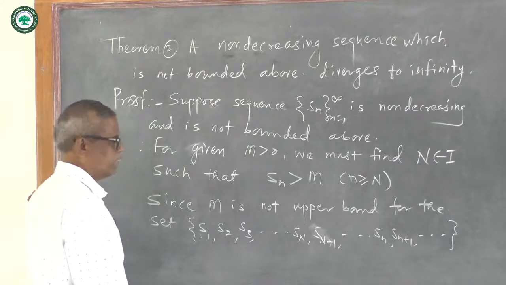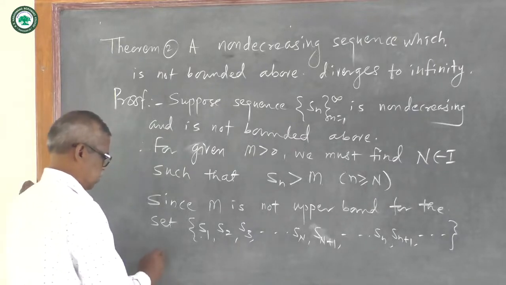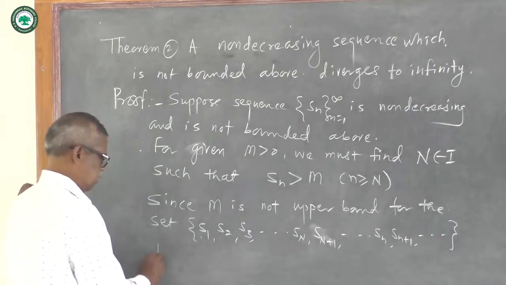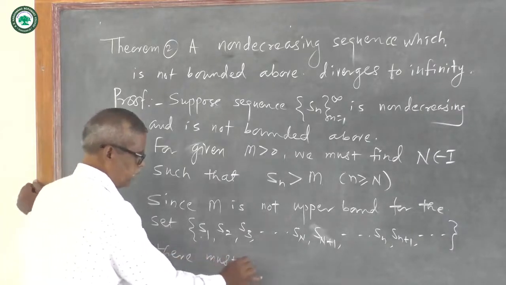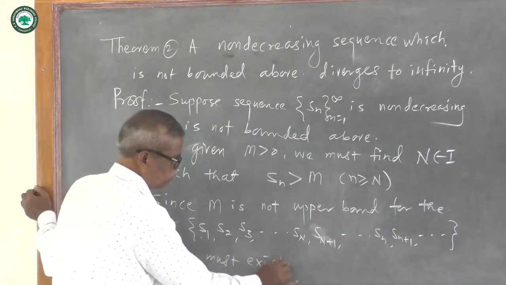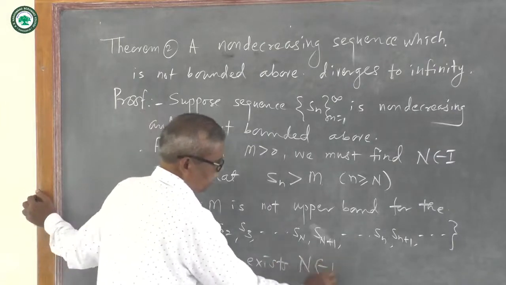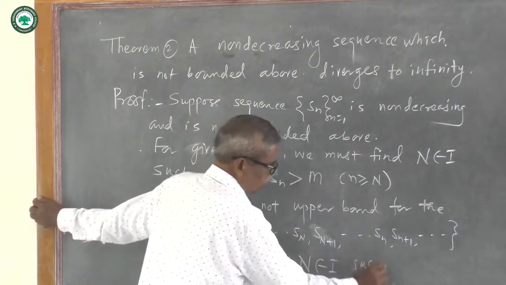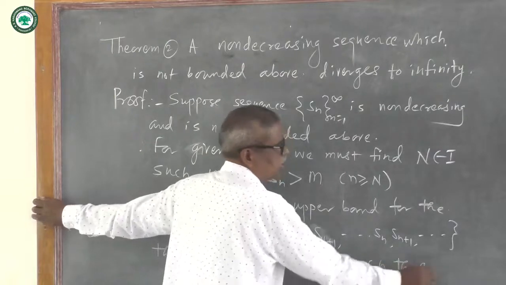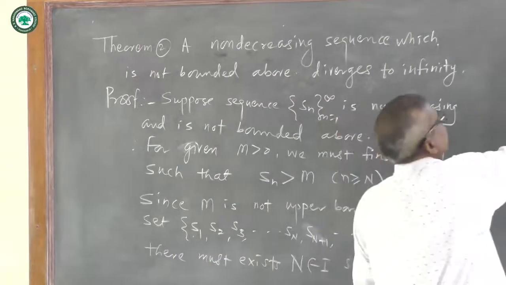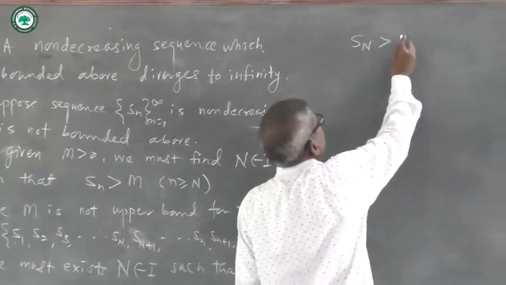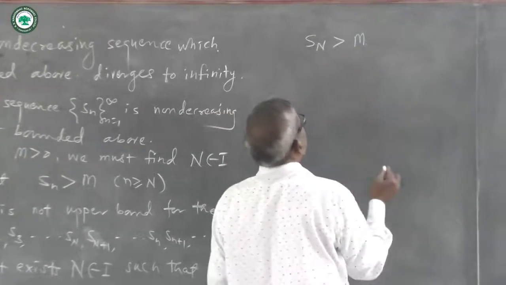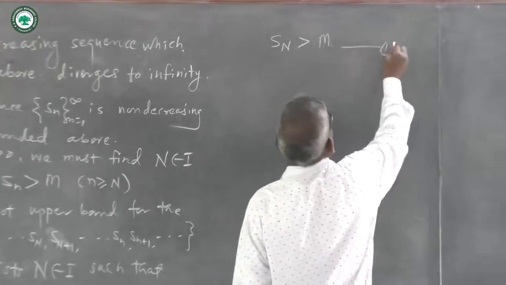Therefore, there must exist a positive integer capital N belongs to I, such that S suffix capital N is greater than capital M. This is relation 1.